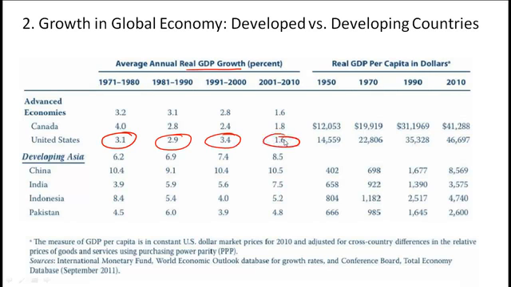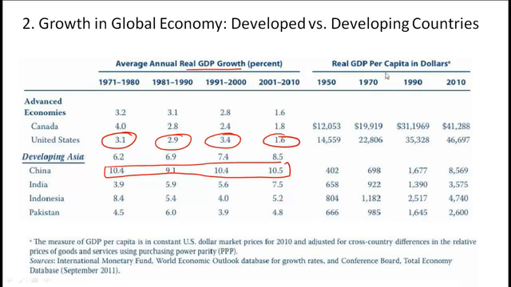In the 2000s the growth rate has slowed down quite substantially, whereas if you look at developing Asia, then the growth rates in real GDP have been huge in China. So approximately 10% since the 70s and 80s, moving on into the 2000s. So this growth rate has been tremendous.